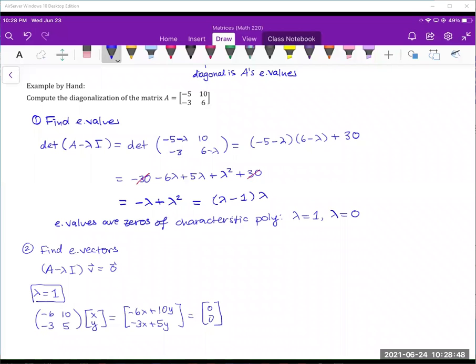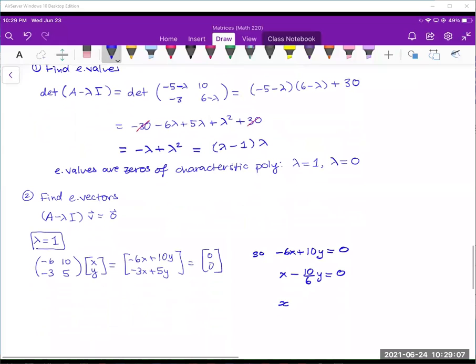So negative 6x plus 10y equals 0. I'm going to divide through by negative 6, so x minus 10/6 y is 0, so x equals 10/6, or 5/3 y.